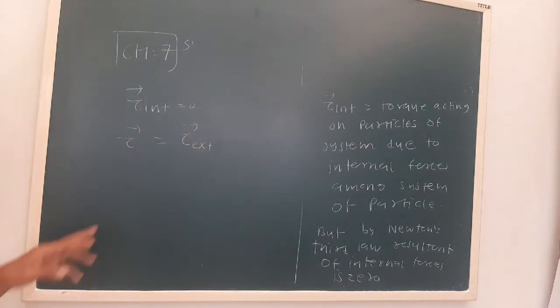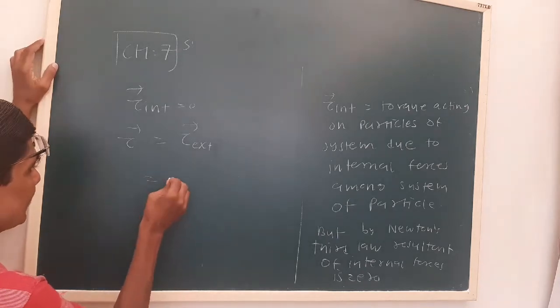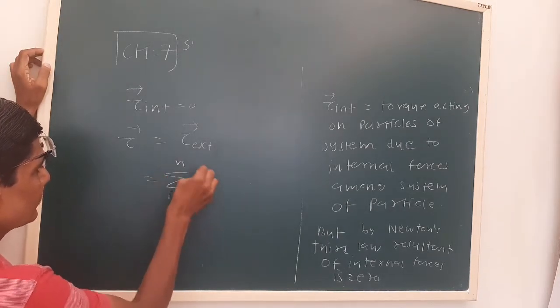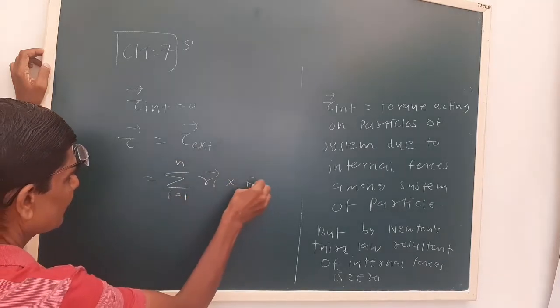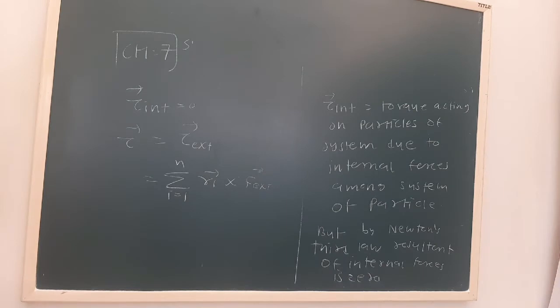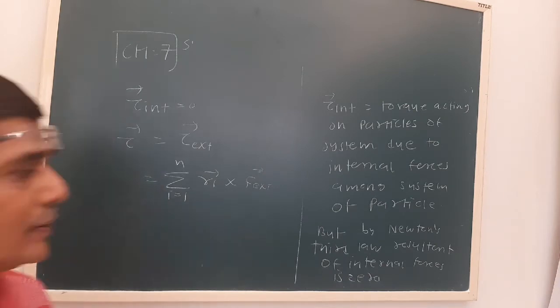So this external torque we can write as the sum from i equal to 1 to n of r_i cross F_external. This is about the torque acting on a system of particles.